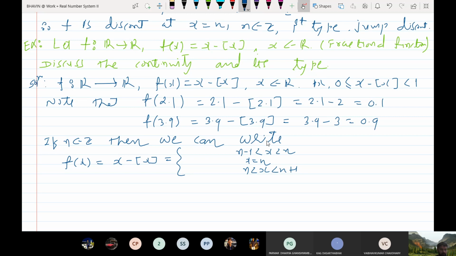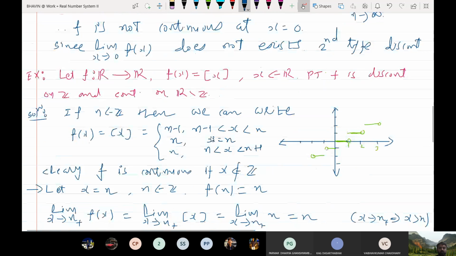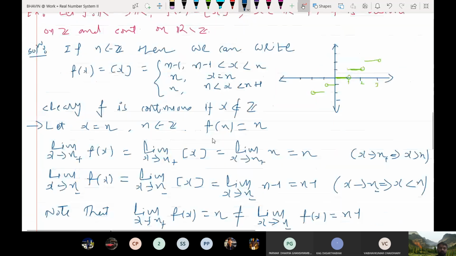Because x remains the same all the time, but box of x changes in these intervals. So what is the value of f(x)? It is x if x is between n minus 1 and n. I will put x as it is, minus, what should I write in place of box x? Here we have seen, if n minus 1 less than x less than n, then box of x equal to n minus 1.